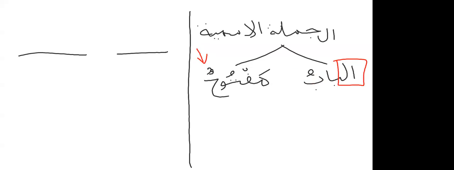What is the grammatical term for the noun that starts al-jumla al-ismiyya? The grammatical term is al-mubtada'u.